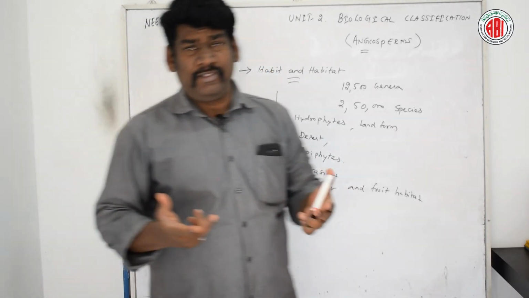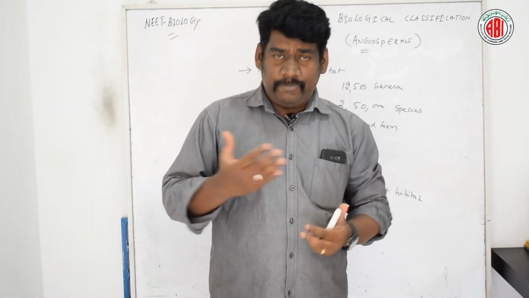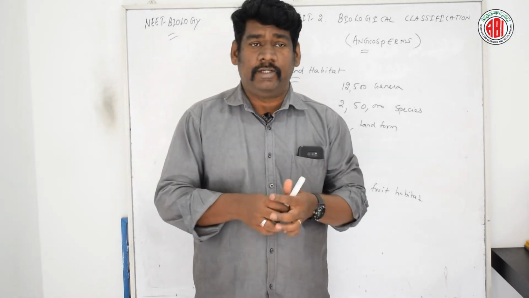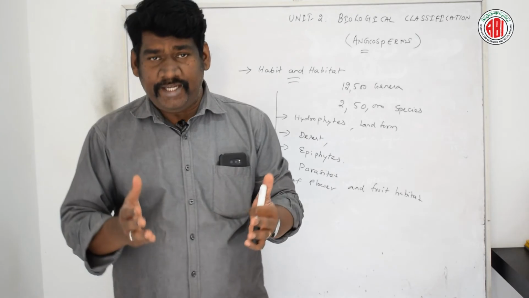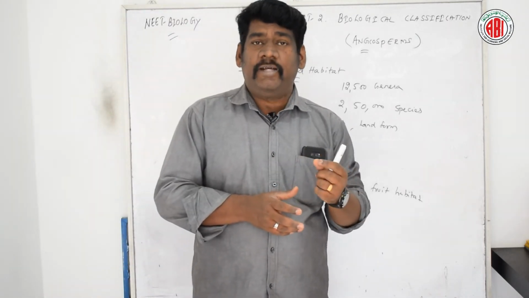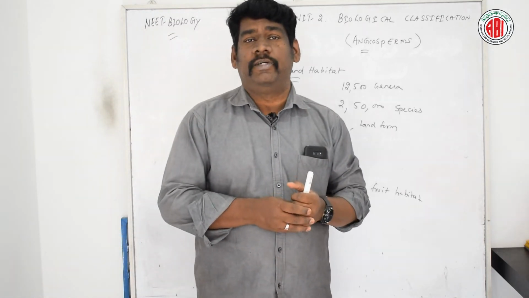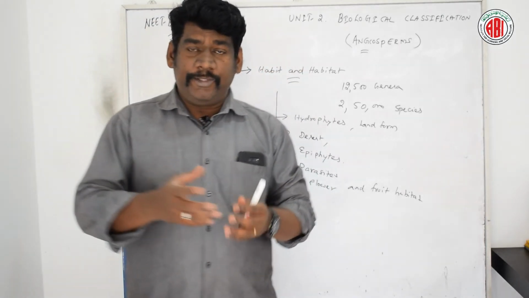Now let us talk about fertilization. After pollination, the next process that leads to fertilization in angiosperms. Once the pollen grain germinates and enters the stigma, it develops a pollen tube which carries the two sperm nuclei, also called the male gametes, and the tube nucleus.